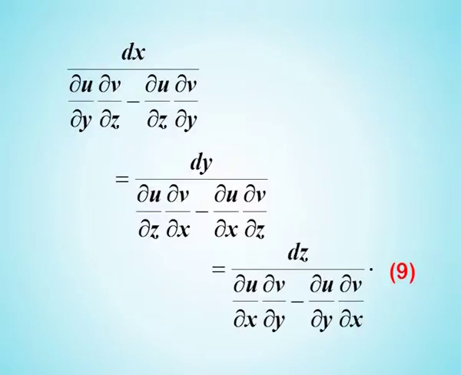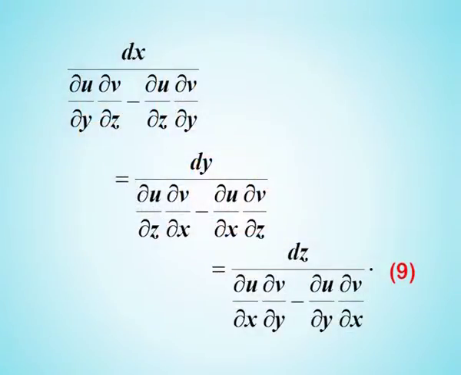This is dx upon, dy upon, dz upon. These are the three terms, something like ax plus by plus c, and then again a dash x plus b dash y plus d, that which we have done in elementary classes.